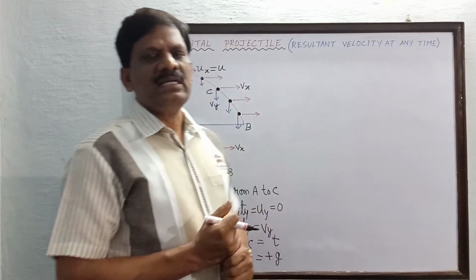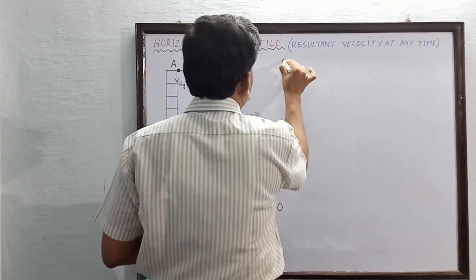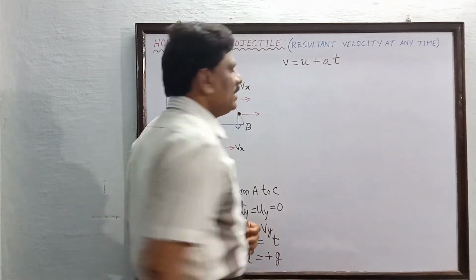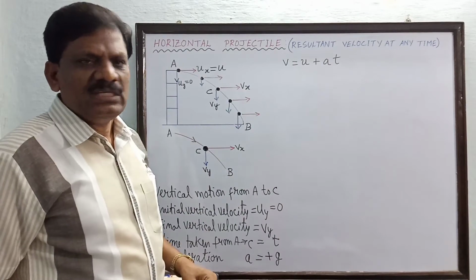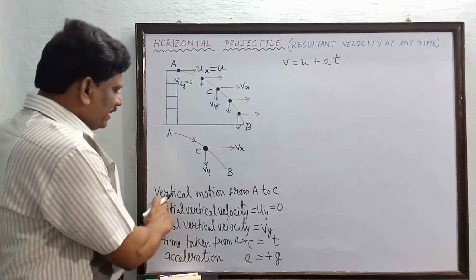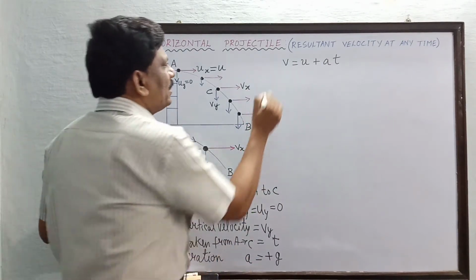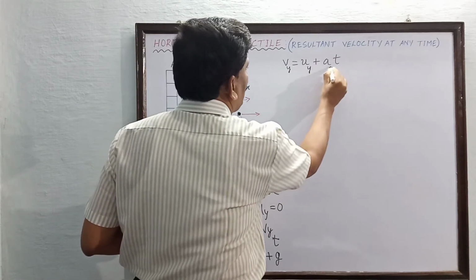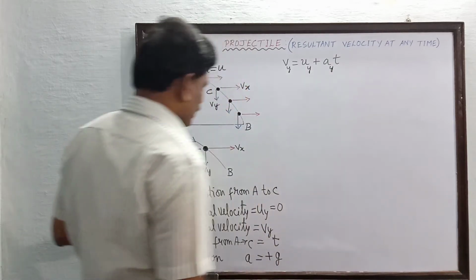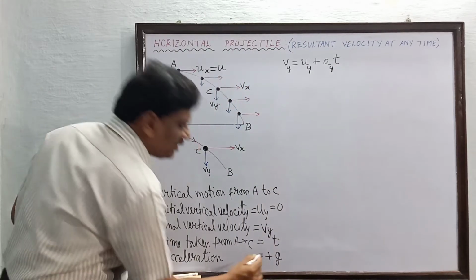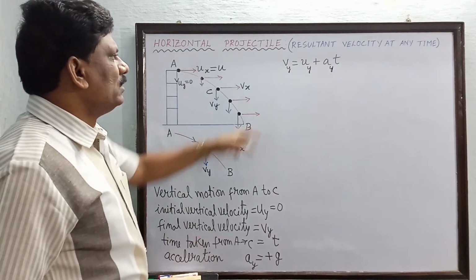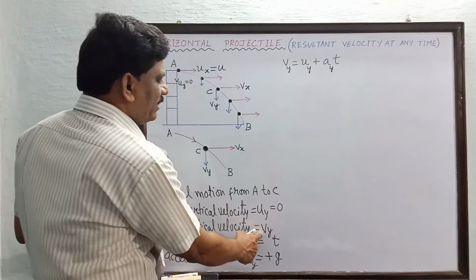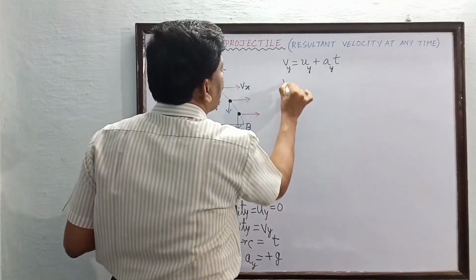Now I am going to consider the first equation of motion, v equal to u plus at. In this equation, I am investigating the vertical motion, is it not? Therefore, Vy equal to Uy plus ay t.